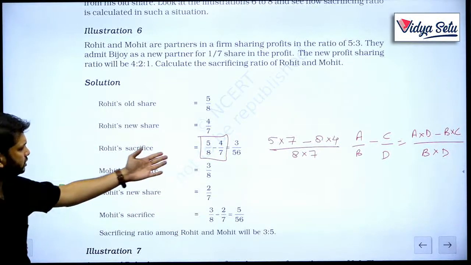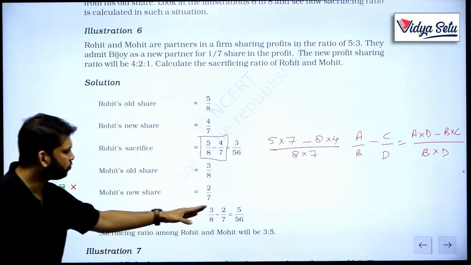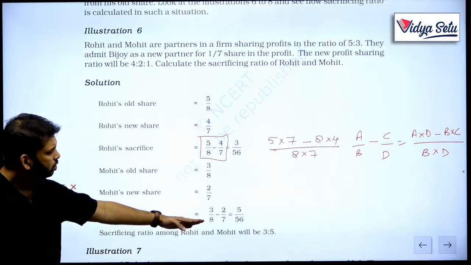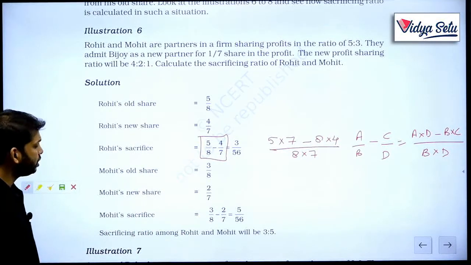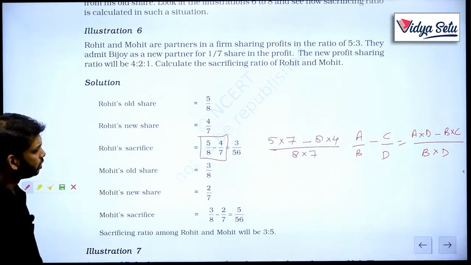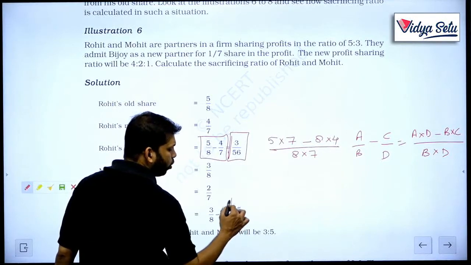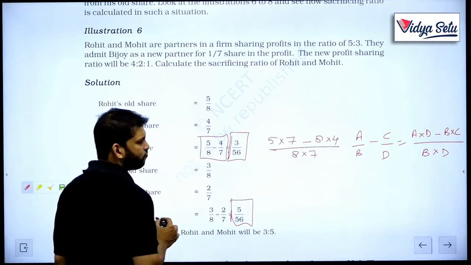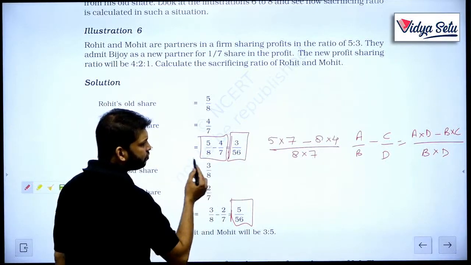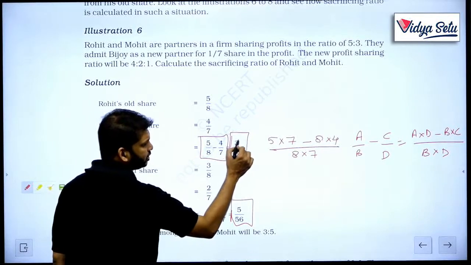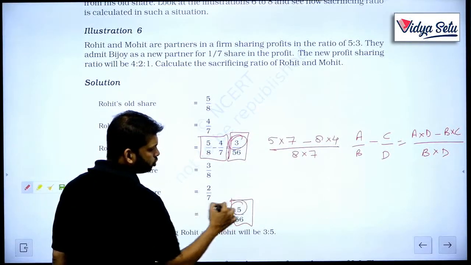Mohit's old share was 3 upon 8 and new share is 2 upon 7. If we solve, this comes to 5 upon 56. Now let's see the sacrificing ratio. This is the fraction of sacrifice out of their total profit. If we want to know the ratio of their sacrifice, the ratio is 3:5.